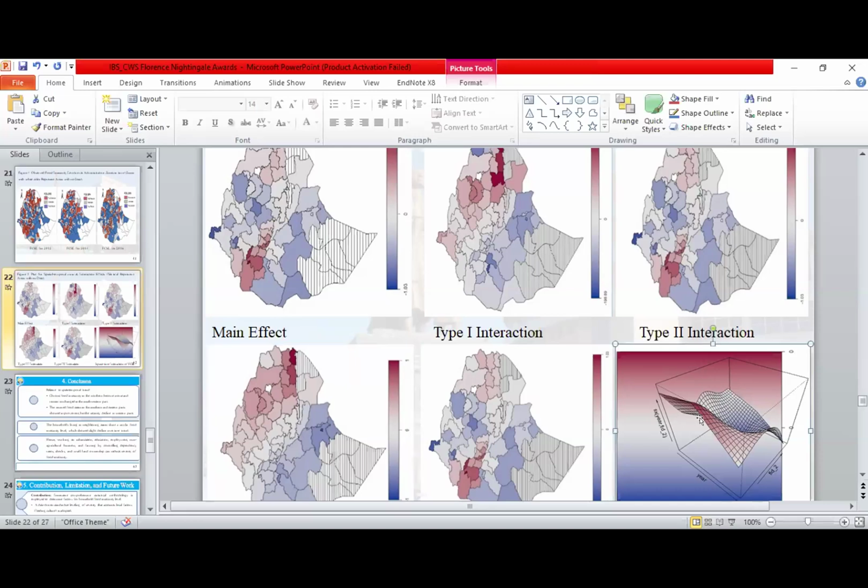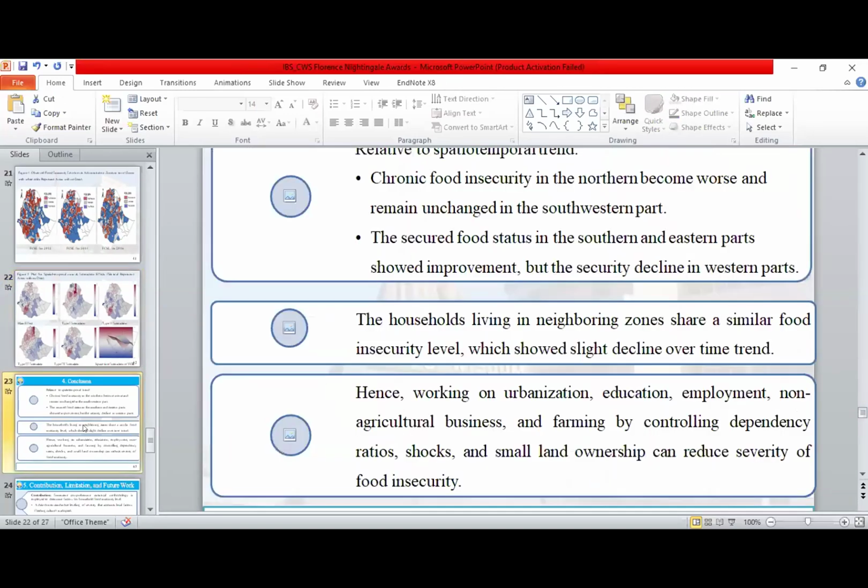And on space-time interaction, we see that as time goes, the food security declines for all zones. Therefore, we can conclude that households living in neighboring zones share similar food insecurity levels, which showed a slight decline over time. Hence, working on urbanization, education, employment, non-agricultural business, controlling shocks, small land ownership, and dependence ratio can reduce food insecurity.